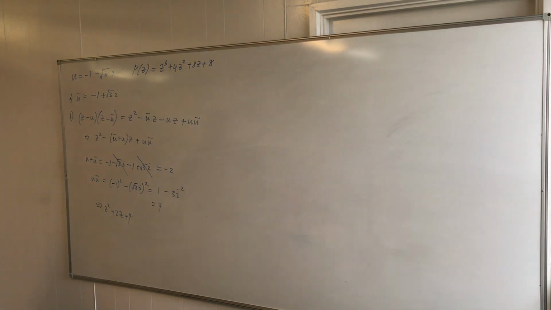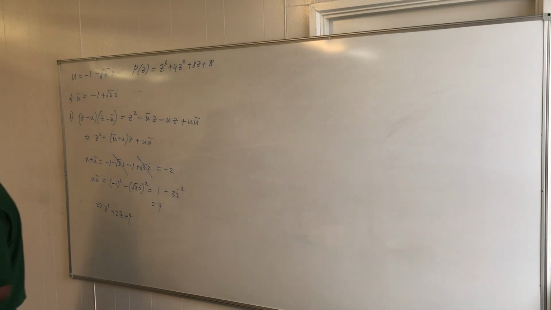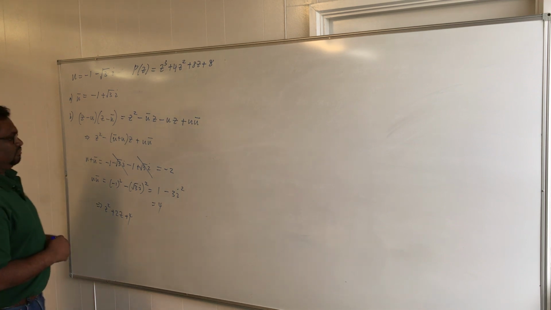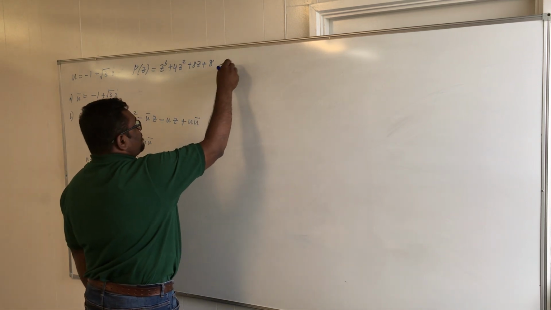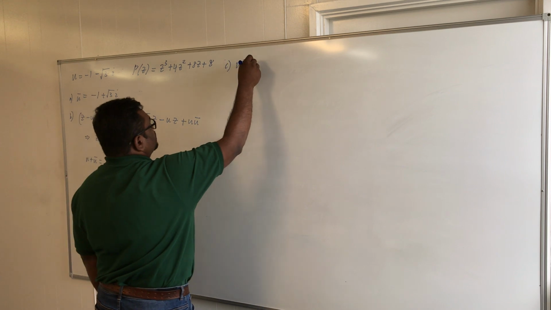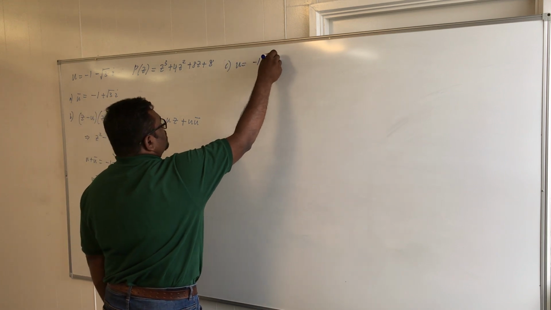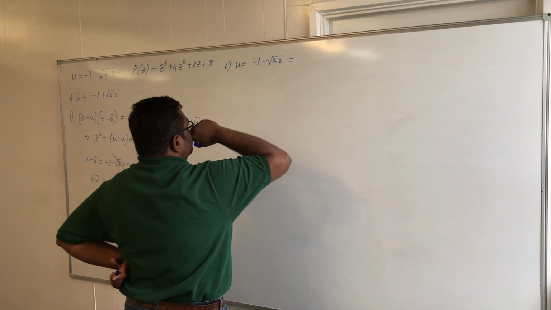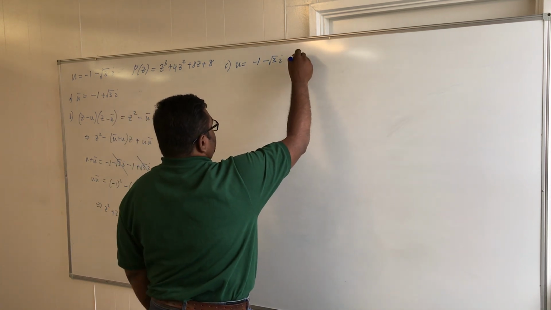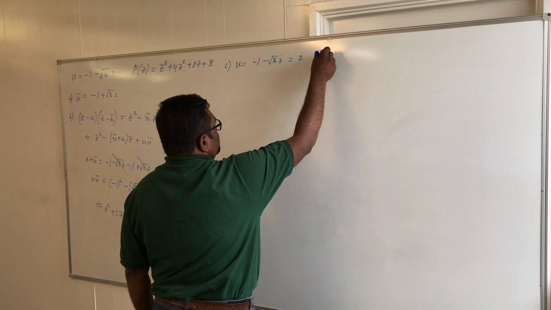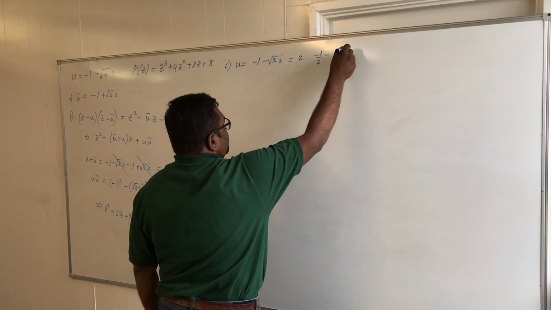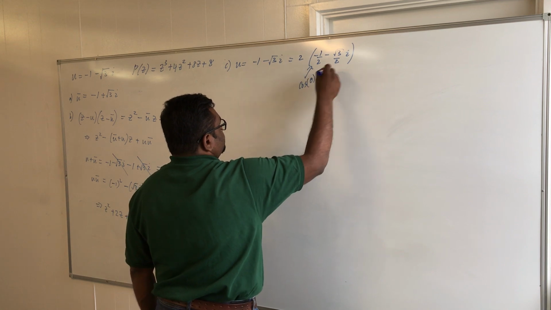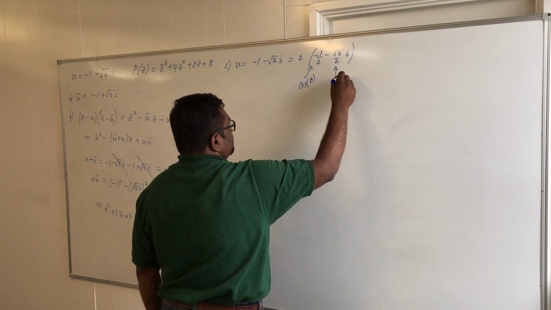Okay, so now we know A, B, C. Express u in the form r cis theta. So u is equal to 2, so this is cos theta, this is sin theta.